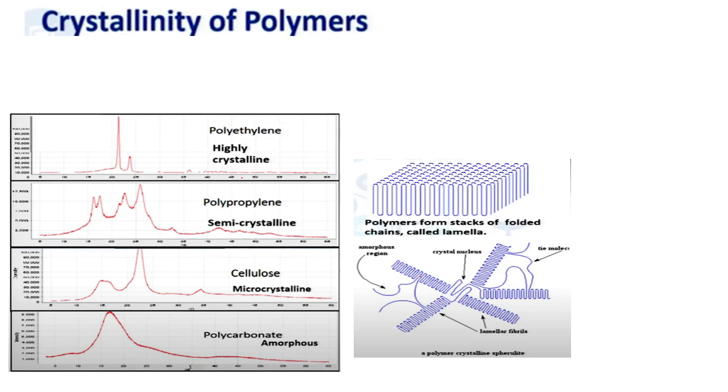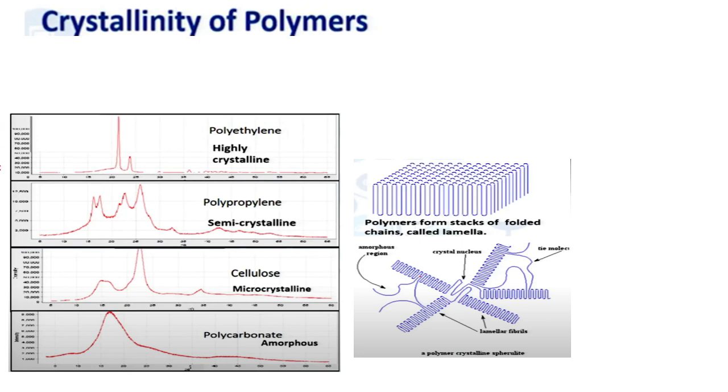Now in the case of polymers, as we know, polymers are usually semi-crystalline materials, not purely crystalline like an inorganic salt, and the mechanism of crystallization in polymers is different. It is showing polyethylene, which we know is very crystalline, around 90% crystallinity, then polypropylene, which is semi-crystalline, cellulose, a biopolymer, which is also microcrystalline, and polycarbonate, which we know is transparent, amorphous, and an engineering plastic.